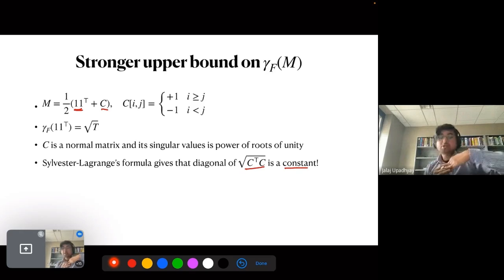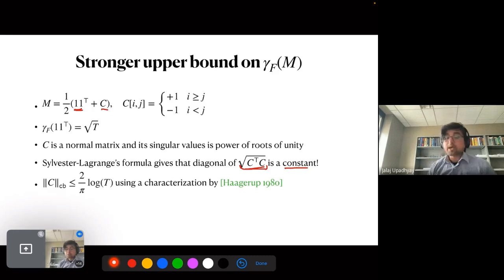So basically, I can compute the trace of C, and from there I can compute the square root of C transpose C. And now I can use the characterization from Haagerup to prove that the CB norm of C is just 2 by pi log t. The log t comes from summing all these powers and their absolute values. And you can use De Moivre's theorem and get to log t.